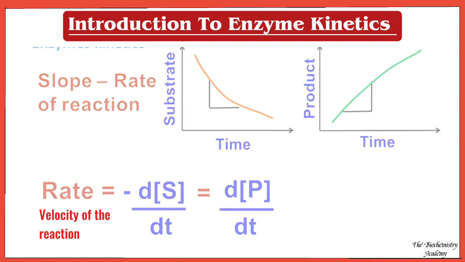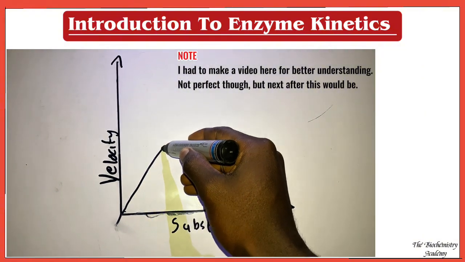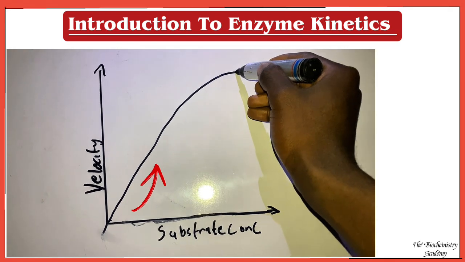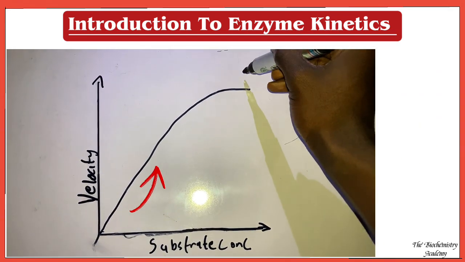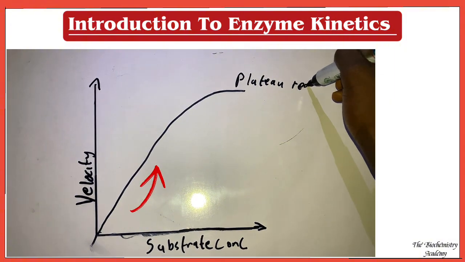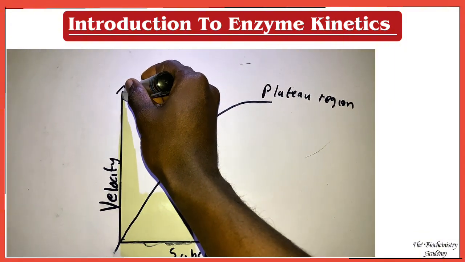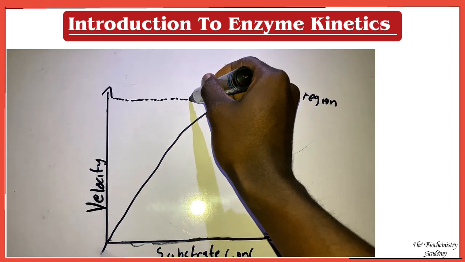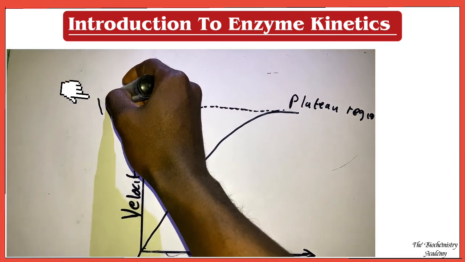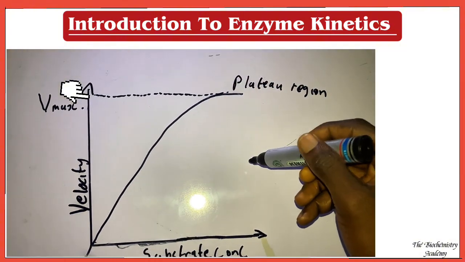So let's look at the graph. The velocity of the reaction changes when the substrate concentration changes. When there is an increase in the substrate concentration, the velocity of the reaction also increases until it reaches a plateau. When it reaches the plateau, it is called maximum velocity, or Vmax, for the particular enzyme.